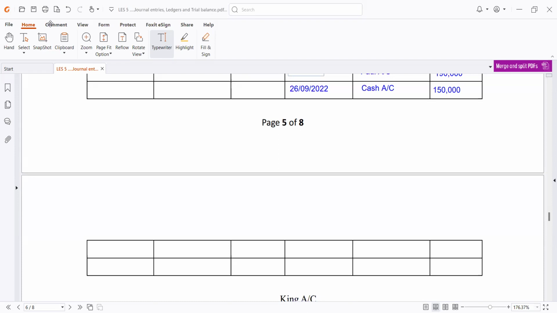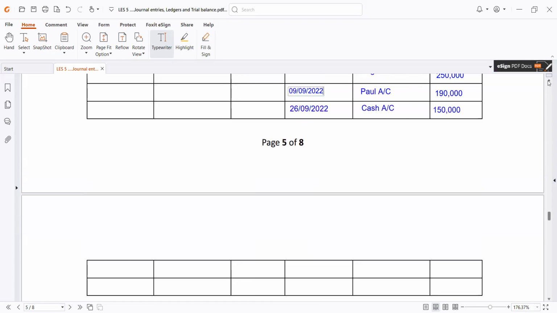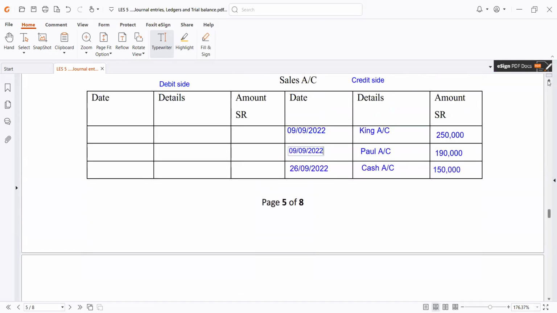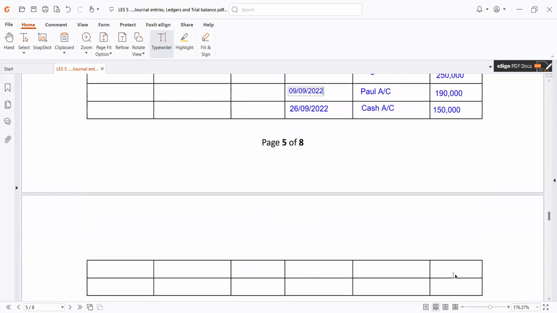I'll get a total of 590,000. That is on the credit side. So we don't have anything on the sales account on the other side. So it's 590,000. We put the same figure on both sides of the account here. So 590,000 is the total.